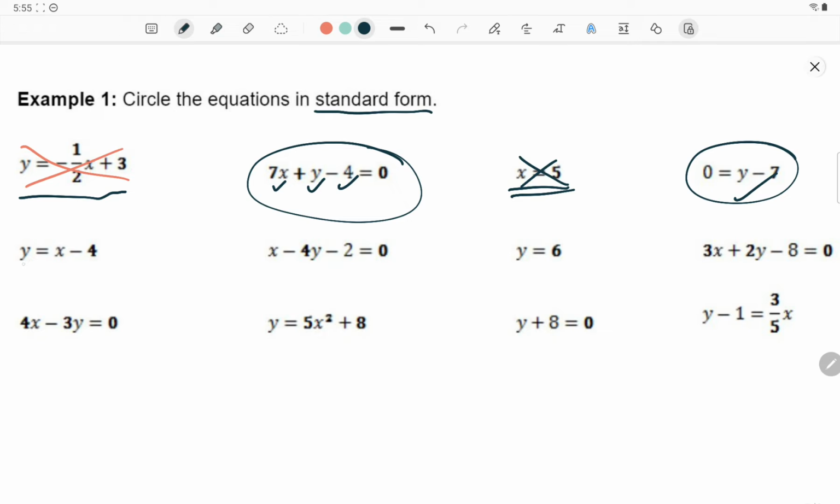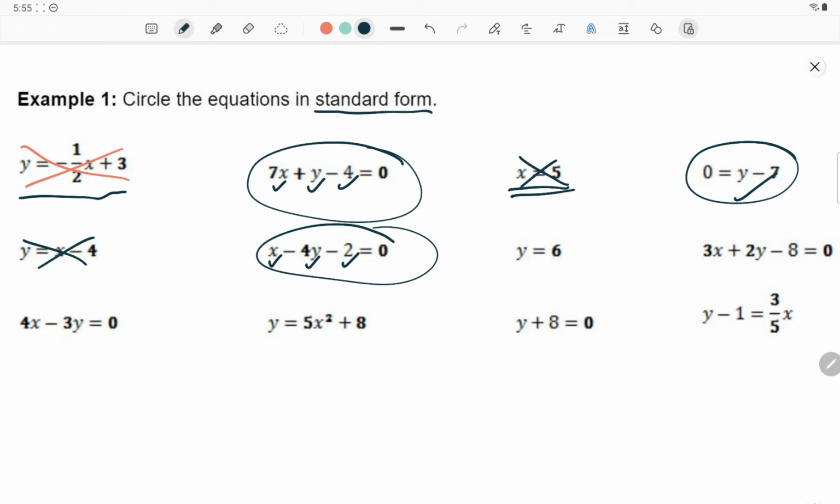This next one, y equal to x minus 4. Take a look. y and x are variables, but they're on opposite sides. So that's no good. Everything's looking good so far here. We have x, y, number. x is positive, set equal to 0. So that is standard form.